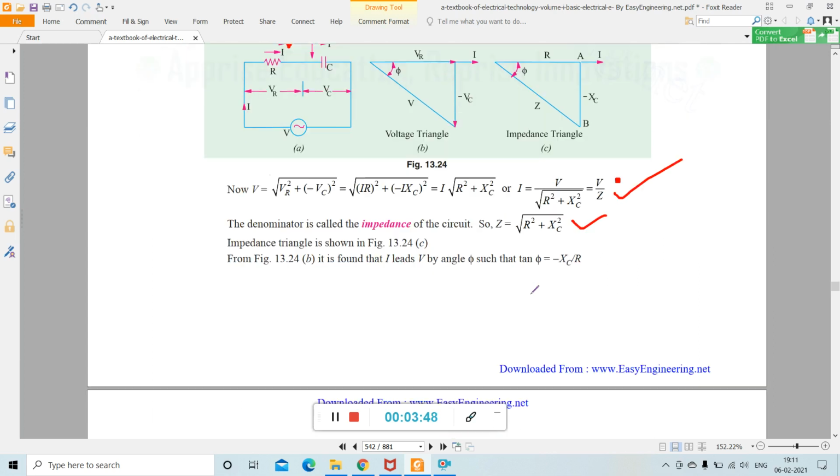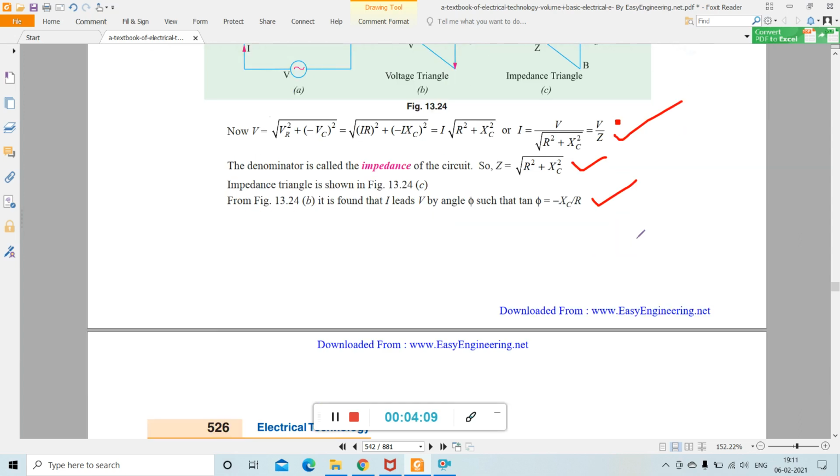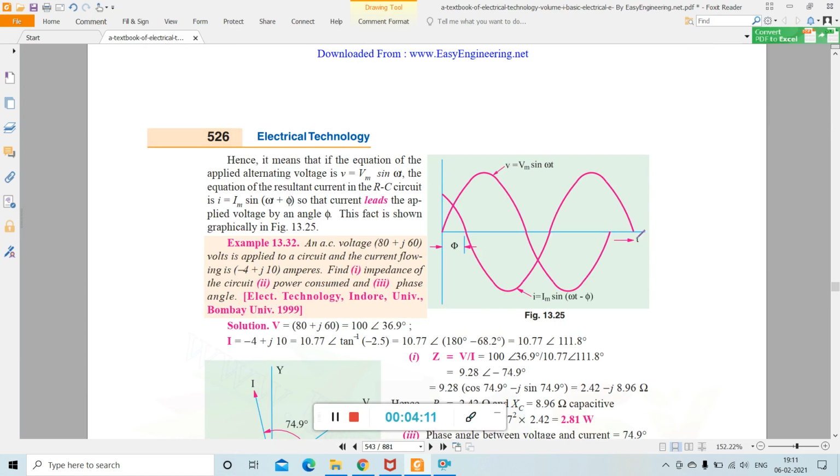From this impedance triangle, or from the voltage triangle, we found that I leads V by an angle phi. So from this we can write tan phi is equal to minus XC divided by R. Clear?